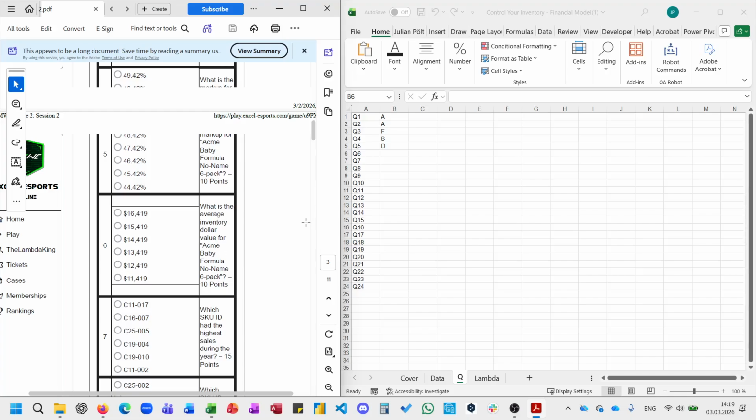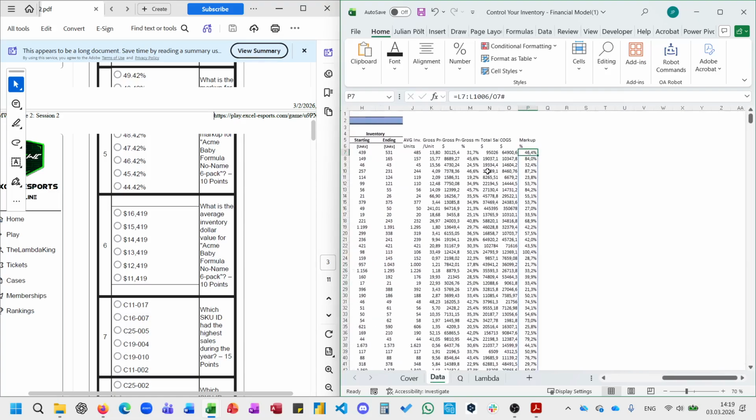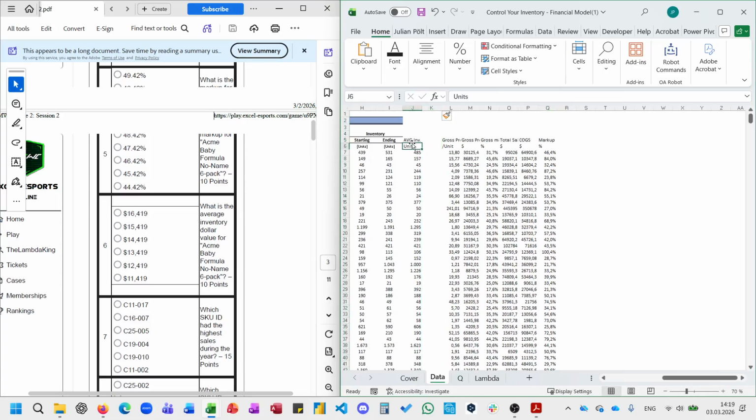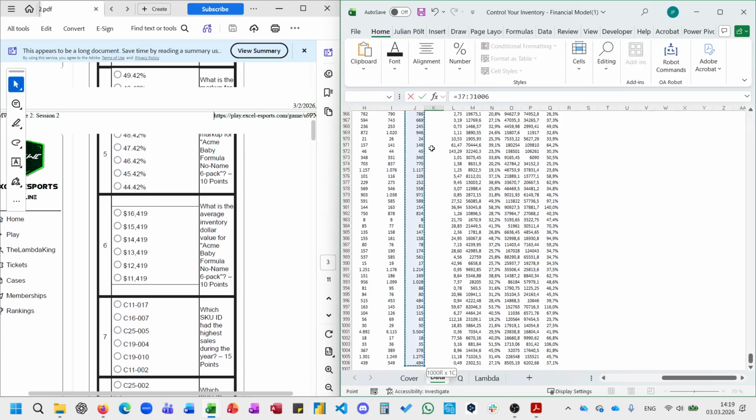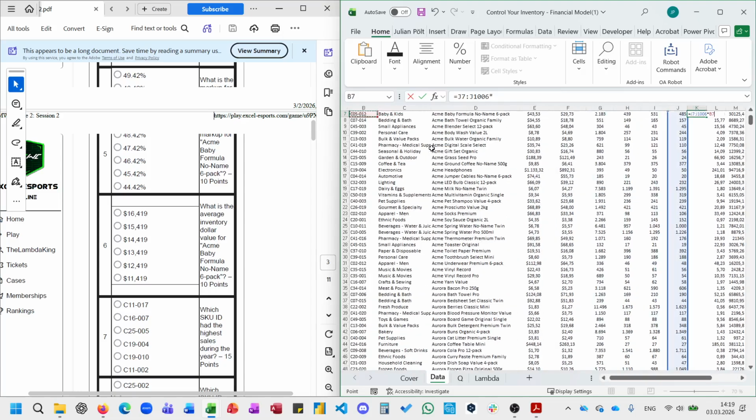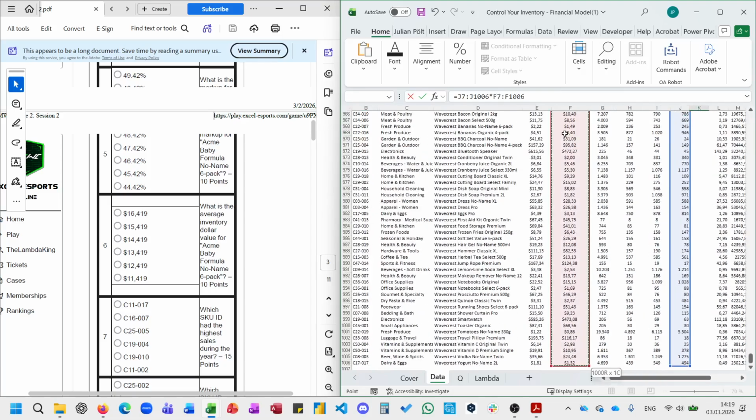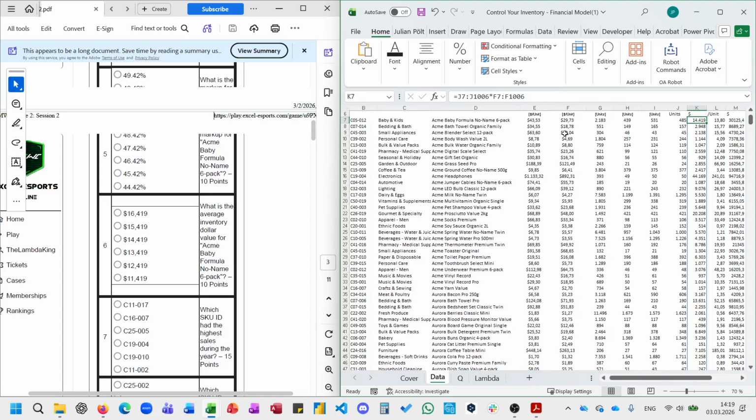Then what is the average inventory dollar value? Okay, average inventory in dollars, and this is average units times purchase price.